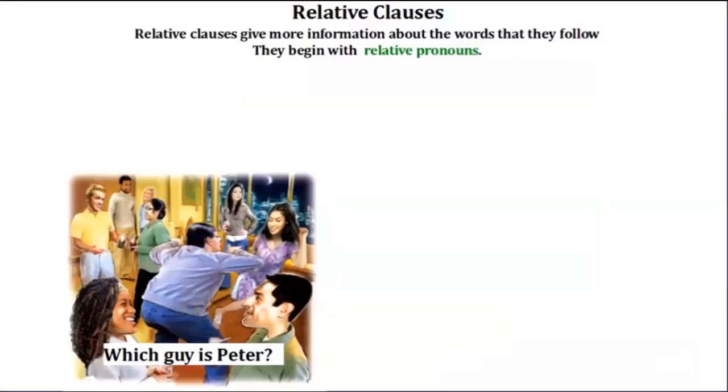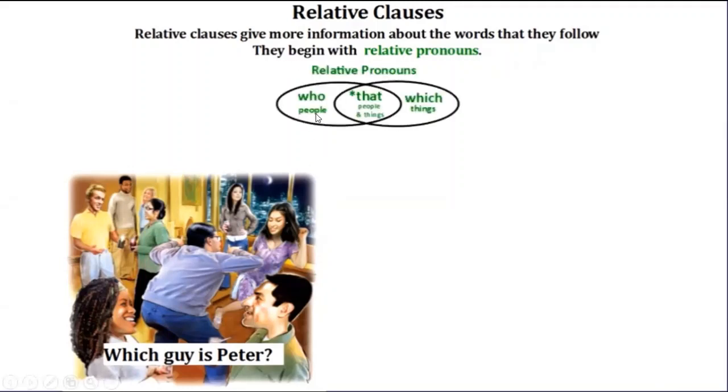So, as you can see, you already know how to identify a relative clause, right? Now, something else that you need to know is that the relative clause gives more information about the words that they follow, and they begin with who, that, and which.